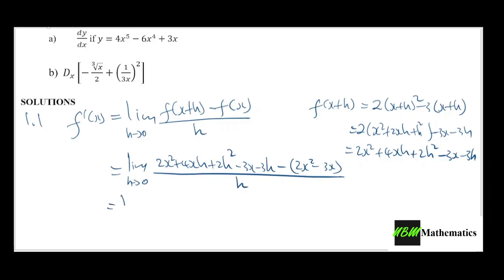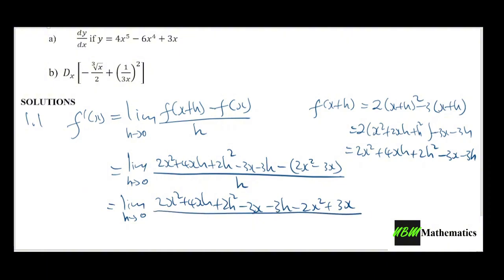Then we say equal, and then we still bring down the limit as h approaches 0, and then we simplify our numerator. We'll have 2x squared plus 4xh plus 2h squared minus 3x minus 3h minus 2x squared plus 3x, all divided by h.